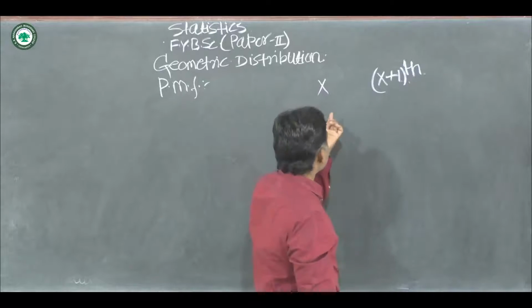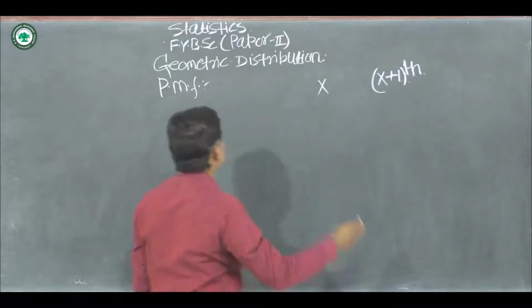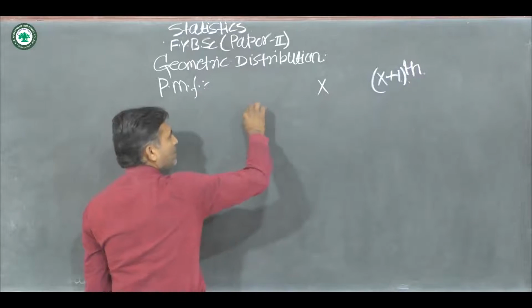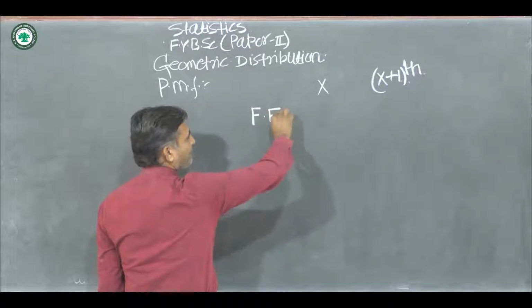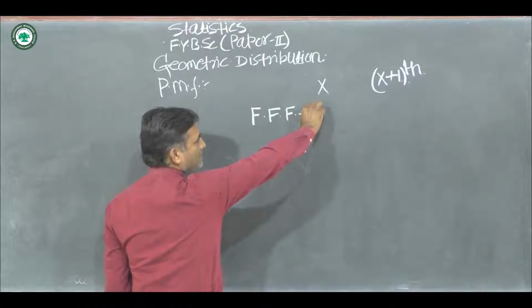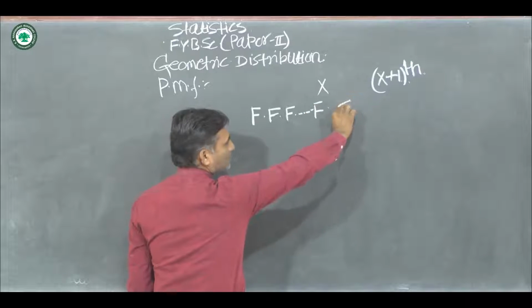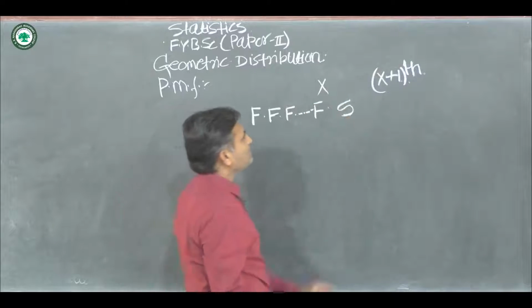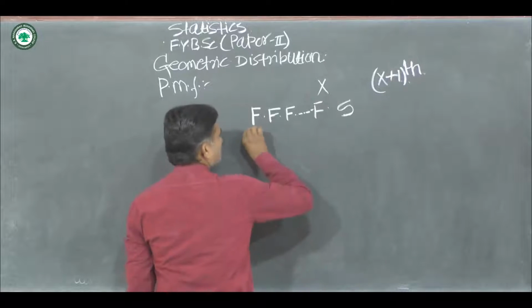Then the sequence of this experiment is X failures, F dash dash dash F, and in the X plus 1th trial the result is success.